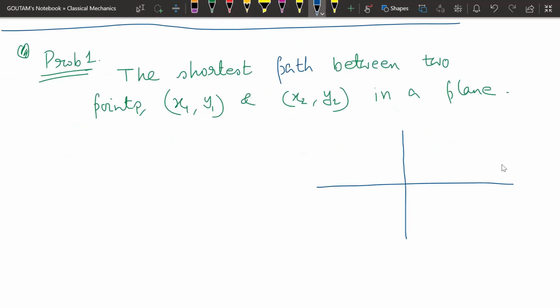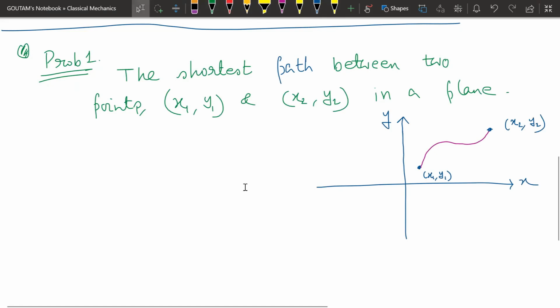So if we have a plane with Cartesian coordinates x and y, and these are the two points, this is x1, y1 and this point is x2, y2, then we will find the shortest path between these two points. We already know the answer: that will be a straight line.